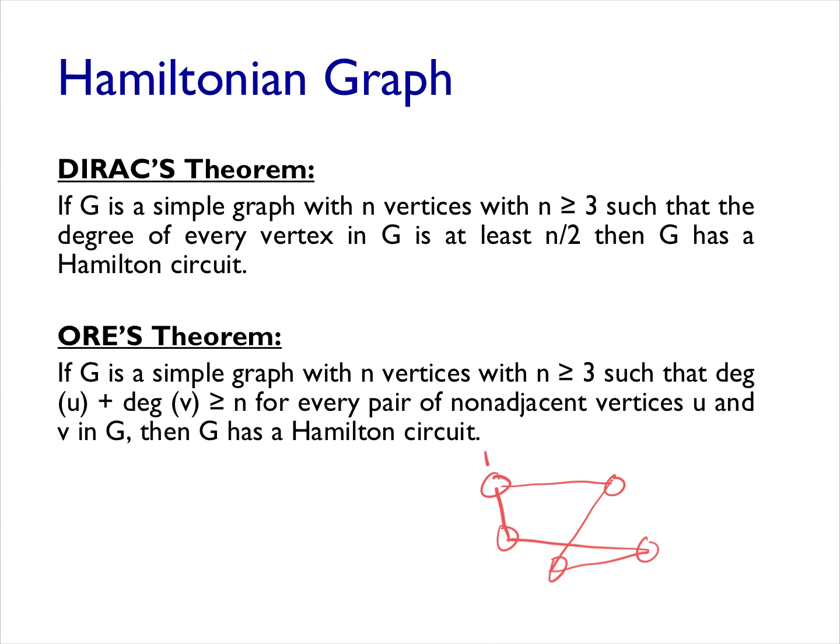If I start at one, I go this way, this way, this way. I finish the cycle. I can always go this, this, this, and stop here, without going across the last edge, and that's a Hamiltonian path. So whenever I have a cycle, I can always reduce it to a path. If I have a Hamiltonian circuit or cycle, then definitely I also have a Hamiltonian path. The other way is not correct.